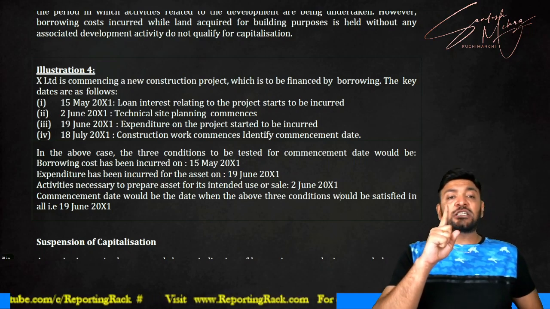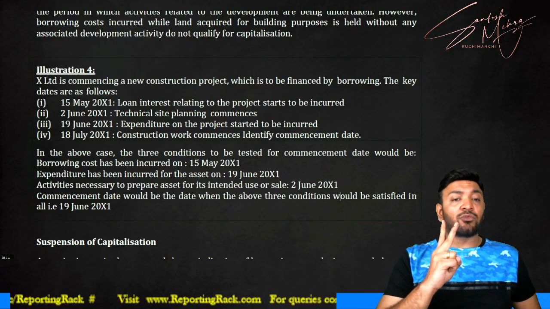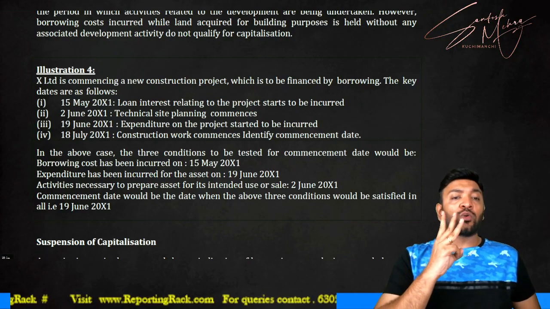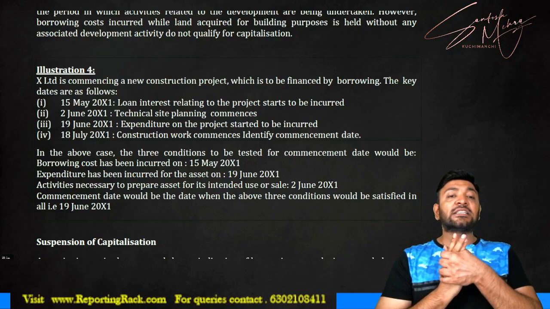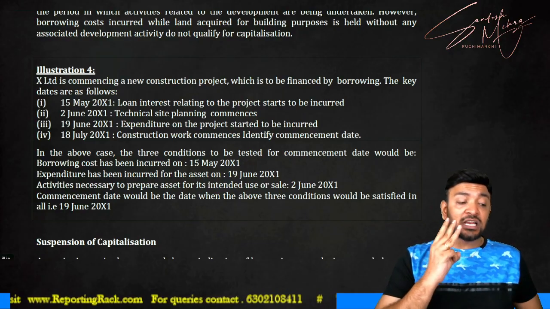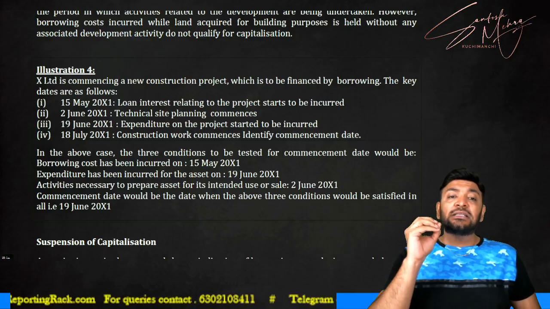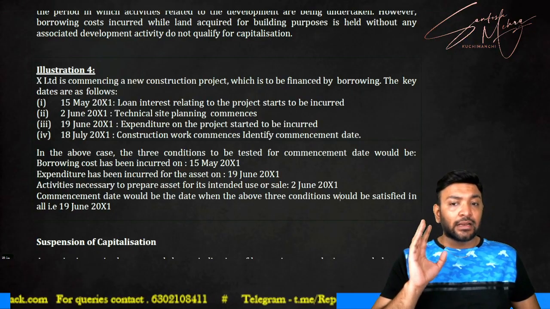Therefore, all 3 conditions are necessary to be satisfied for us to start capitalizing. So only 19th June should be considered as the date on which you start capitalizing the borrowing cost. Clear?